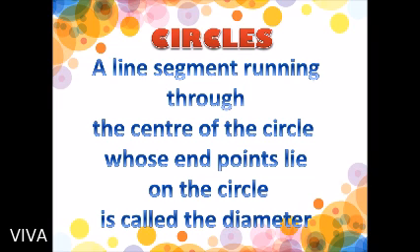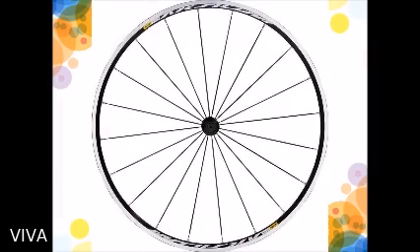A circle can have many diameters. When we observe the spokes of a wheel, we see many line segments passing through the center with their end points lying on the wheel. Each of these represents a diameter.